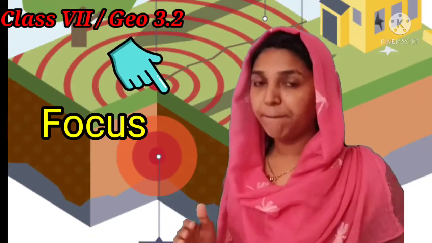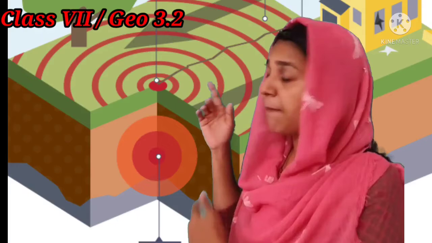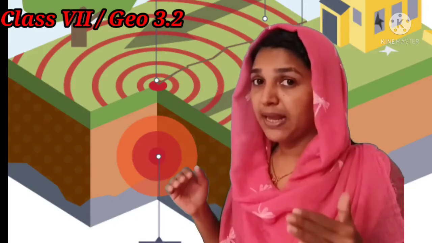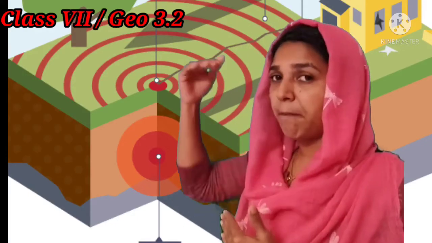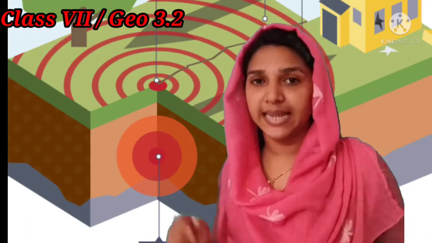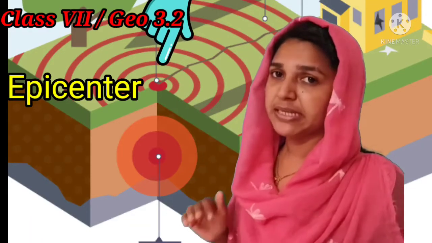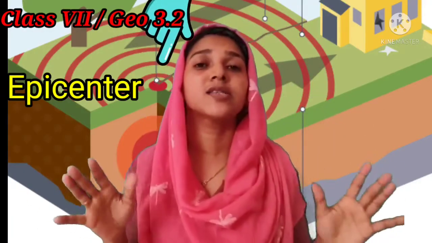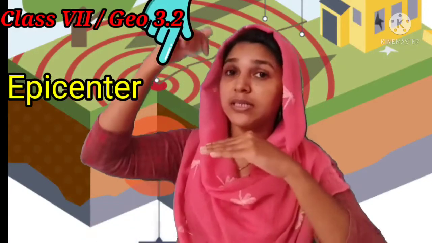It is called the focus. And the place which is just above this focus, on the surface, is called the epicenter. Okay, epicenter. So the place where the vibration starts is called the focus and the place that is above this focus is called the epicenter.